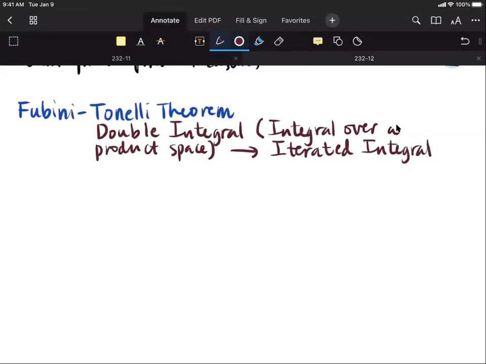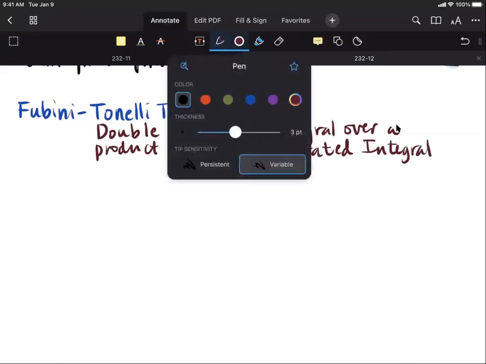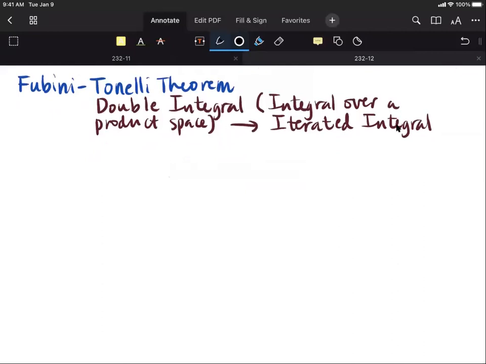So we iterate. We integrate with respect to one space and then integrate with respect to another space. So let us state this more precisely. Again, we have two sigma finite measure spaces.